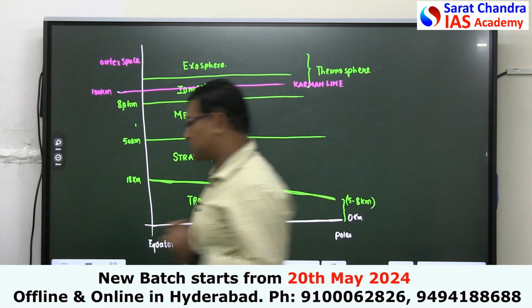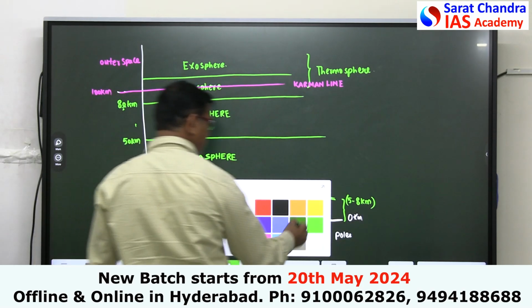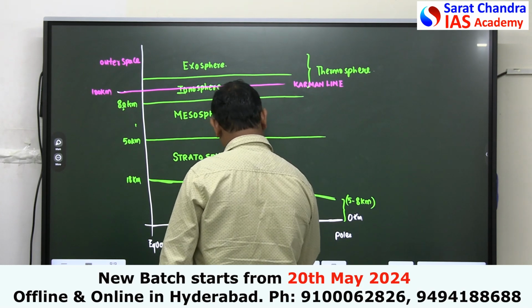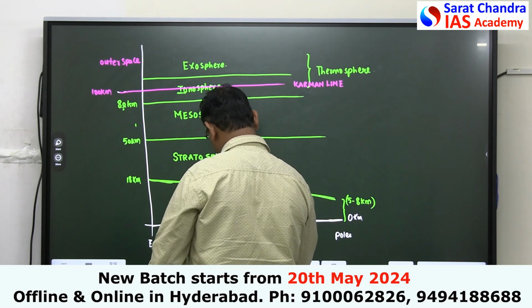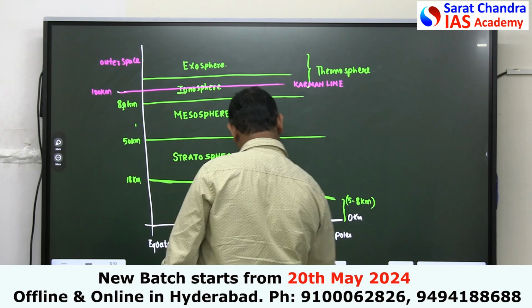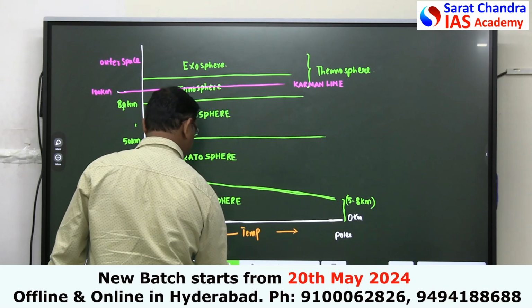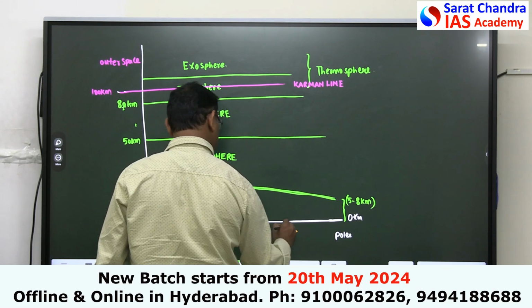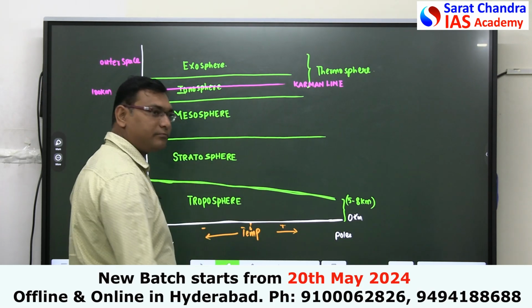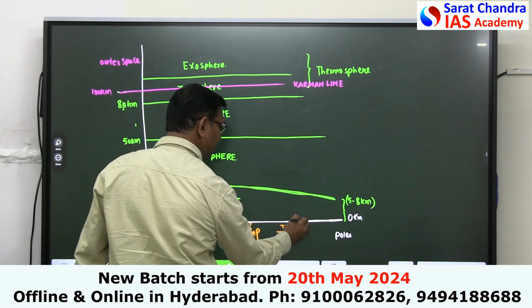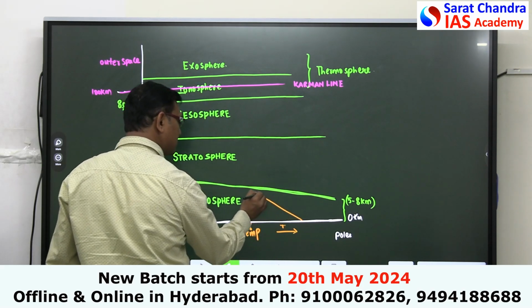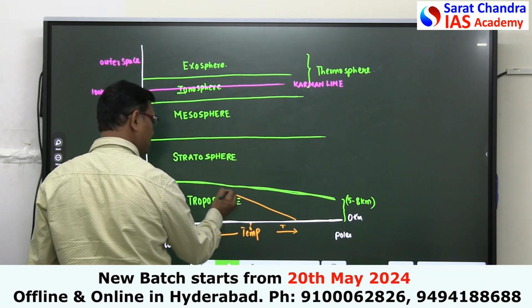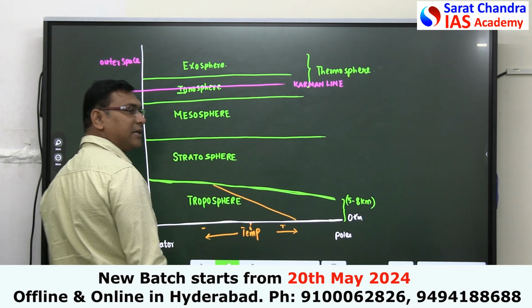And temperatures. How the temperatures will act. See here. These are temperatures which are increasing. These are decreasing. This is 0. This is minus. This is plus. Temperatures will decrease in the troposphere and again in the stratosphere.